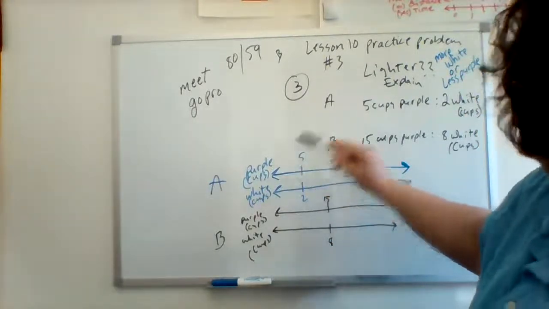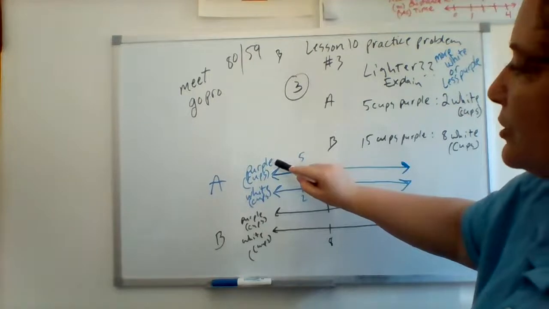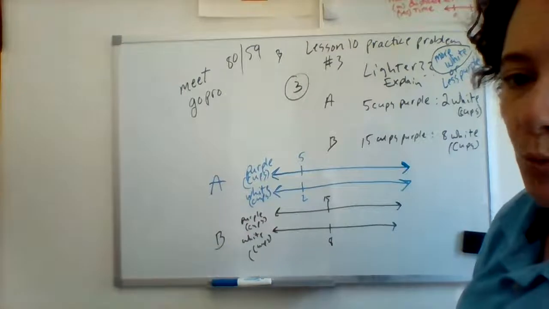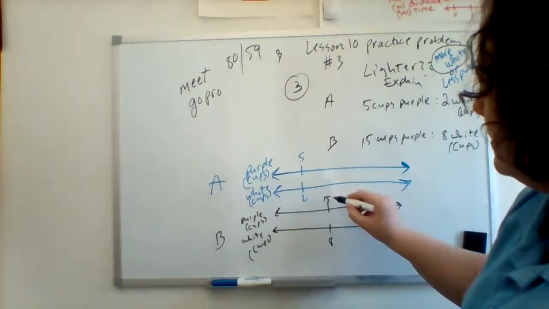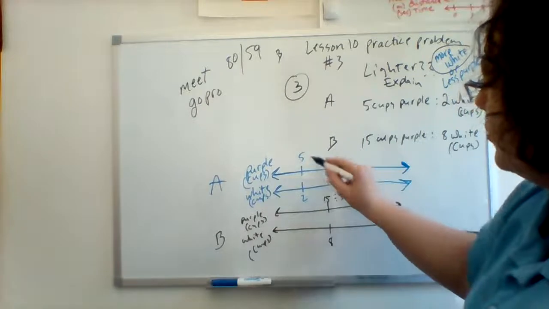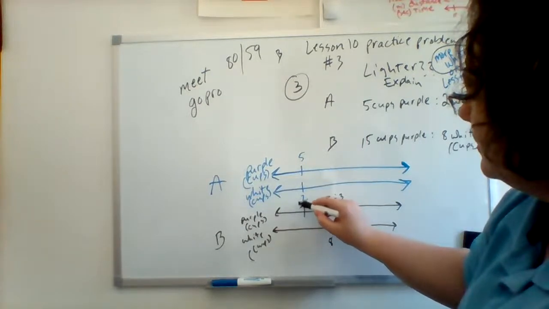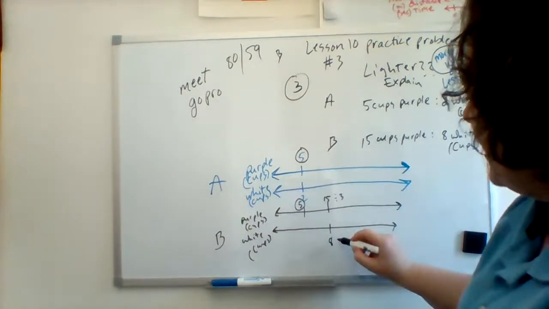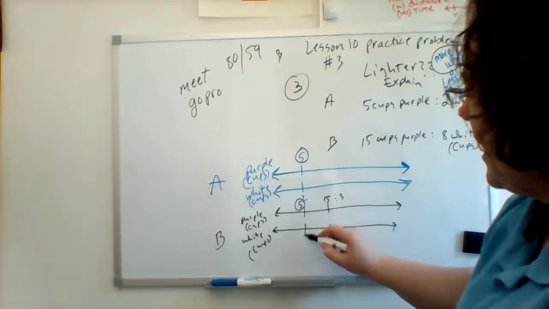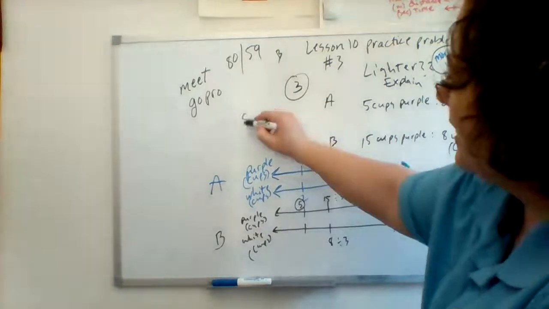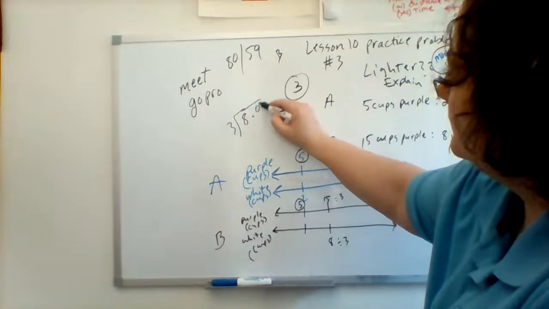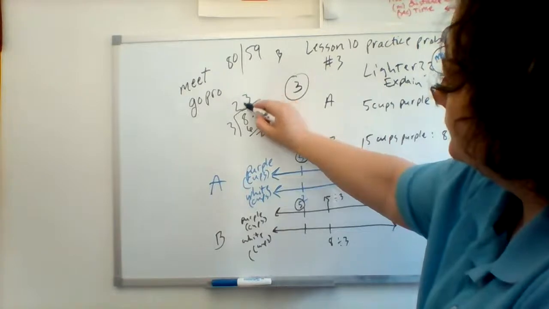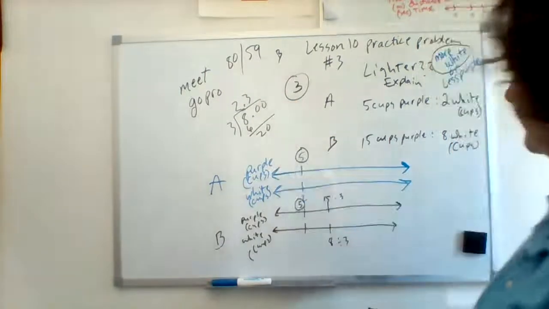So that means that I can get purple to the same amount. And if I could get purple to the same amount, then I'm going to look for the one that has more white. 15 divided by 3 will get me to 5. See how this and this are the same? Divide 8 by 3, and what do you get? 8 divided by 3 is what? Yep.